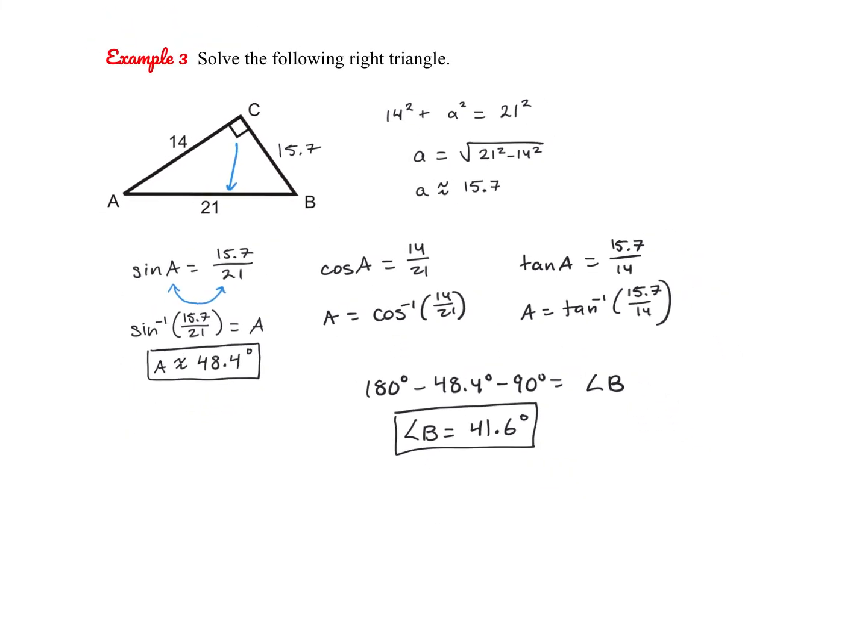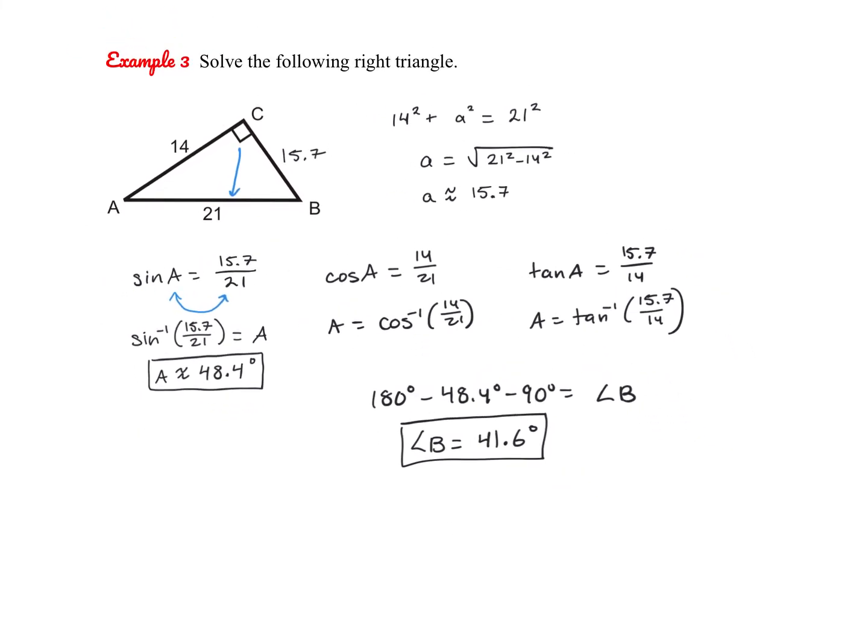However, just for extra practice, we could have found angle B first using any of our inverse trig functions. So let's say we set up the sine of angle B is 14 over 21. So angle B would be the arc sine of 14 over 21. So plug this into your calculator just to see if we got the same answer.